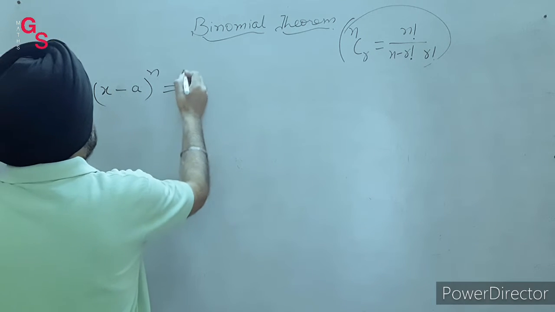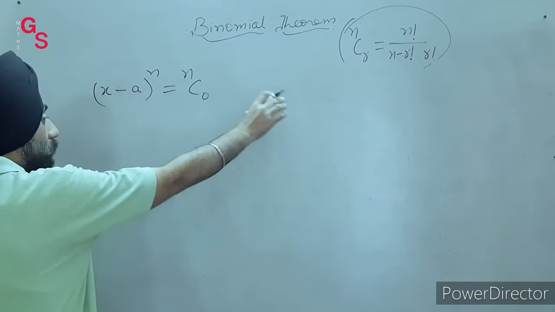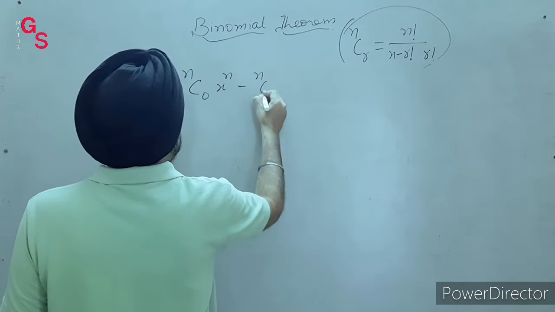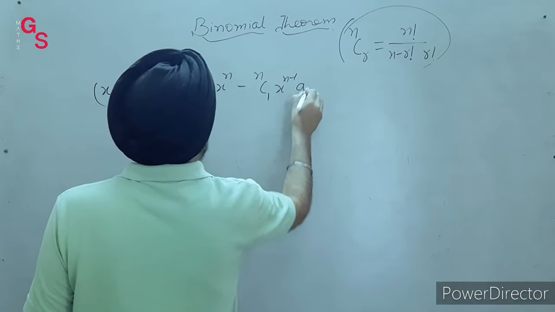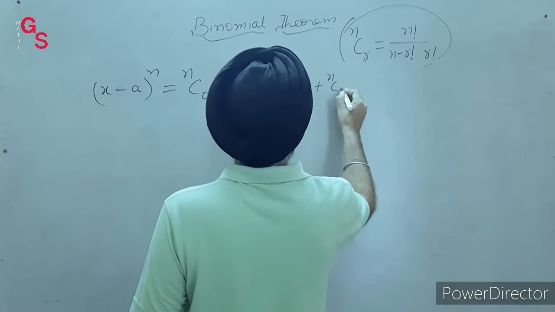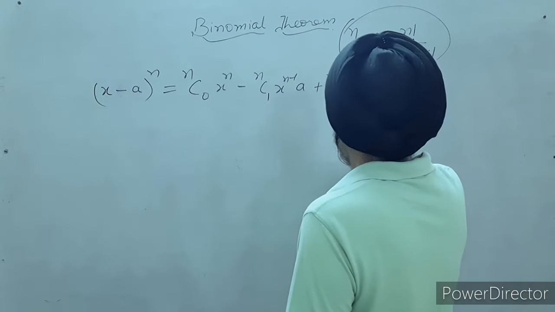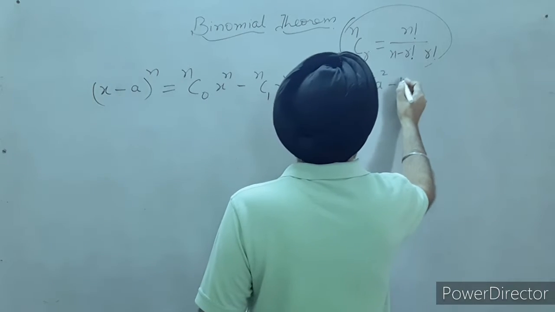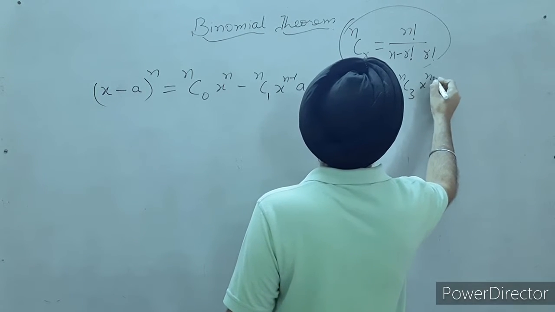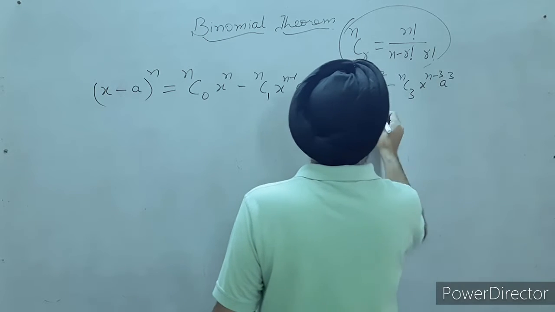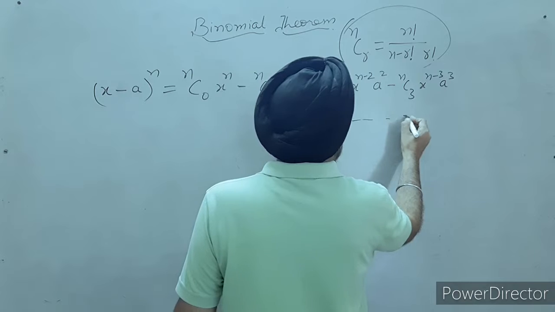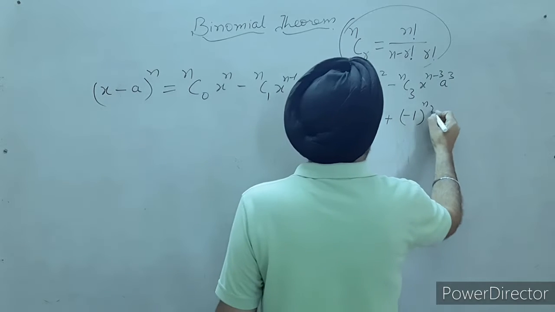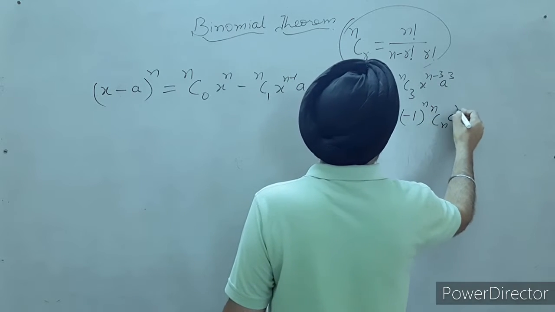So it can be expanded like this: nC0 x to the power n, minus nC1 x to the power n minus 1 into a, plus nC2 x to the power n minus 2 into a square, minus nC3 x to the power n minus 3 a cube, and so on, till I write minus 1 raised to power n, nCn a to the power n.